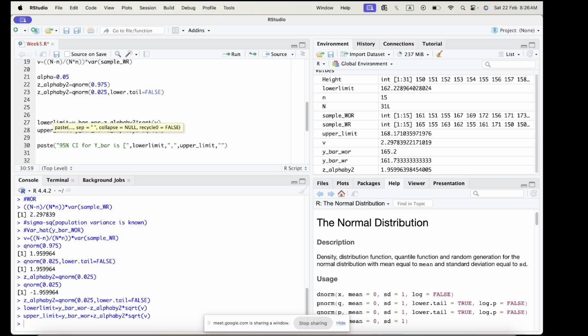I'm just concatenating with this paste command. Okay, and this is it.